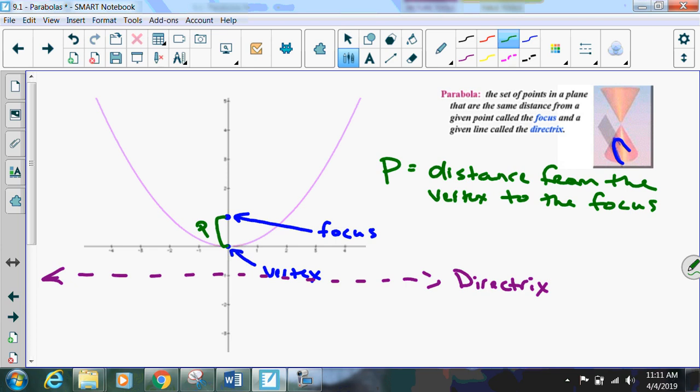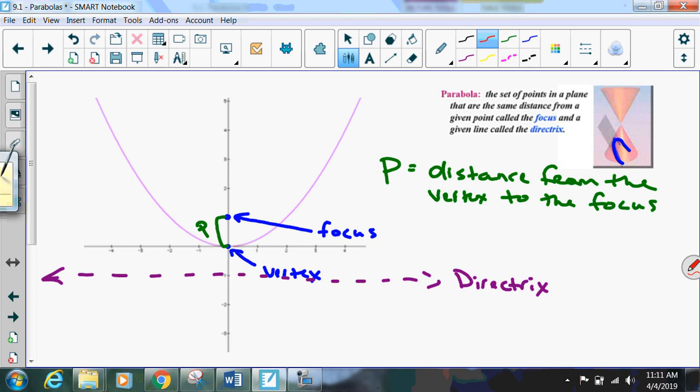So you'll also see that the directrix is equidistant from the vertex, right? The vertex is in the center of the directrix and the focus. So if the focus is 4 up from the vertex, then the directrix would be 4 down. So we want to go ahead and note that.